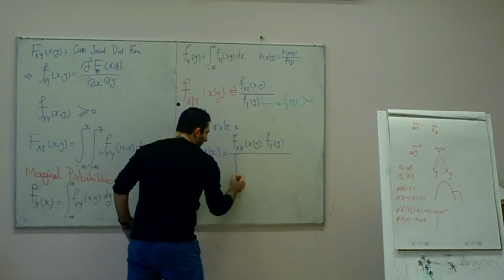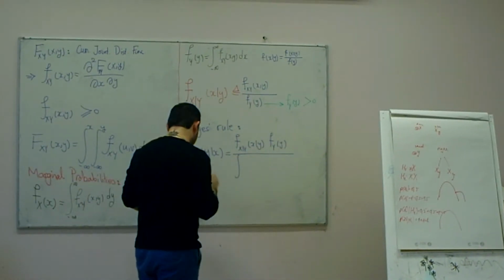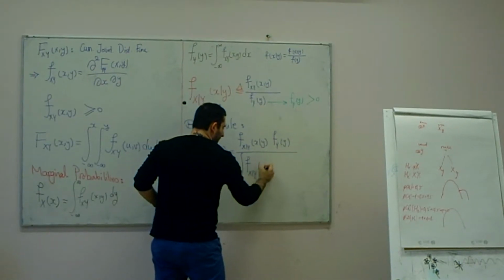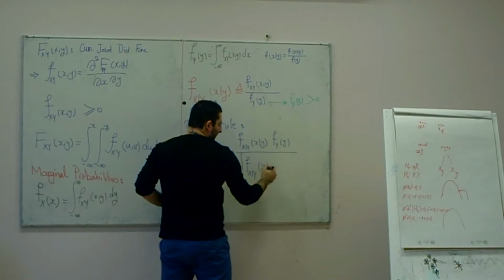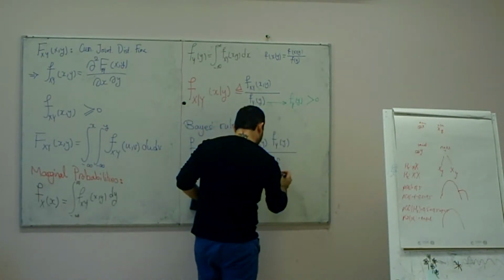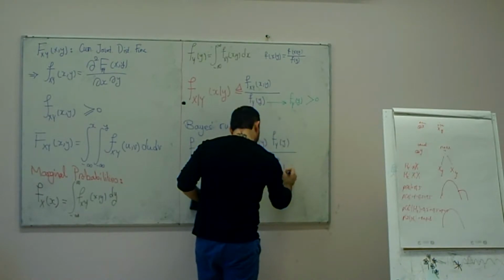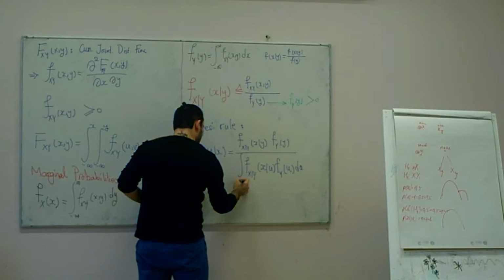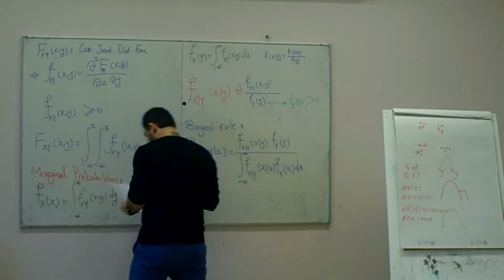Here, similarly, we have the integral of f of x given y, x given, let's say u, times f of y of u du from minus infinity to plus infinity.